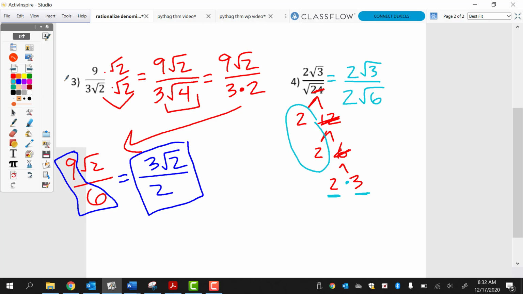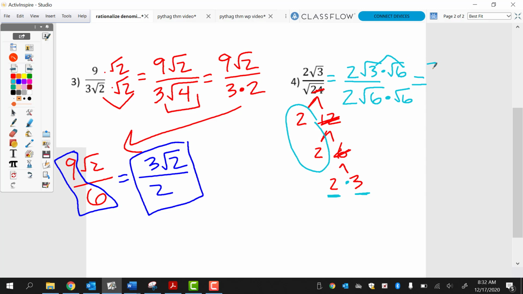So when I'm trying to get rid of the square root in the bottom, I only need to get rid of the 6. I don't need to get rid of this 2. So to get rid of the 6, I'm doing times square root of 6 times square root of 6. So here we go. On the top, I have a whole number and a radical. I know the radicals go together.